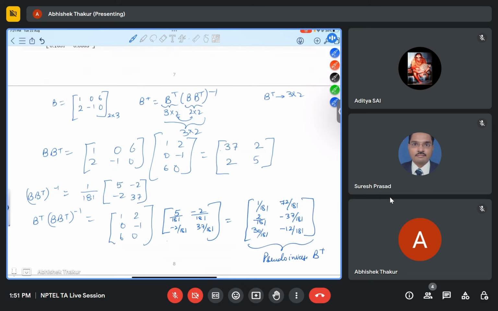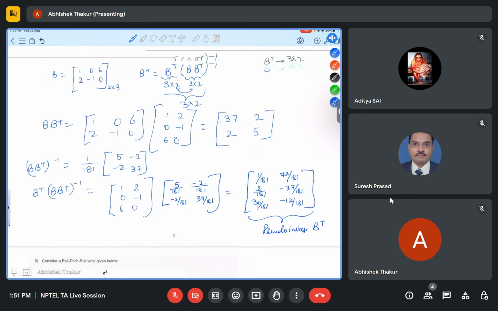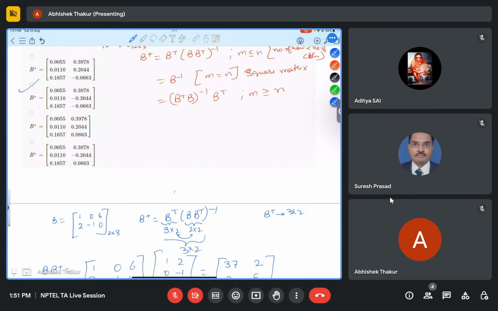There are also some properties of the pseudo inverse, which are also very important.